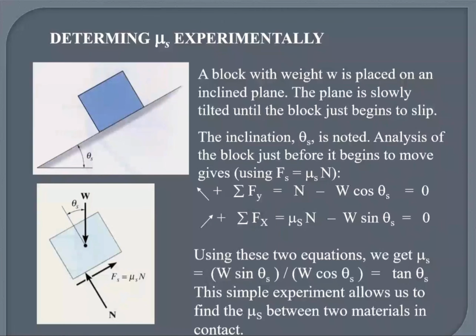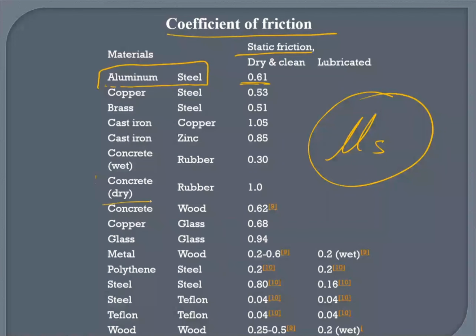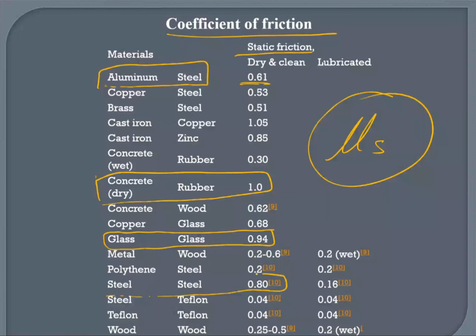So this is mu s, the coefficient of static friction. When you've got aluminium on steel, the coefficient is 0.6. If you've got concrete on rubber, the coefficient of friction is 1. If you've got glass on glass, the coefficient of friction is 0.9. If you've got steel on steel, you get a different value. So it depends on the materials making contact with each other.